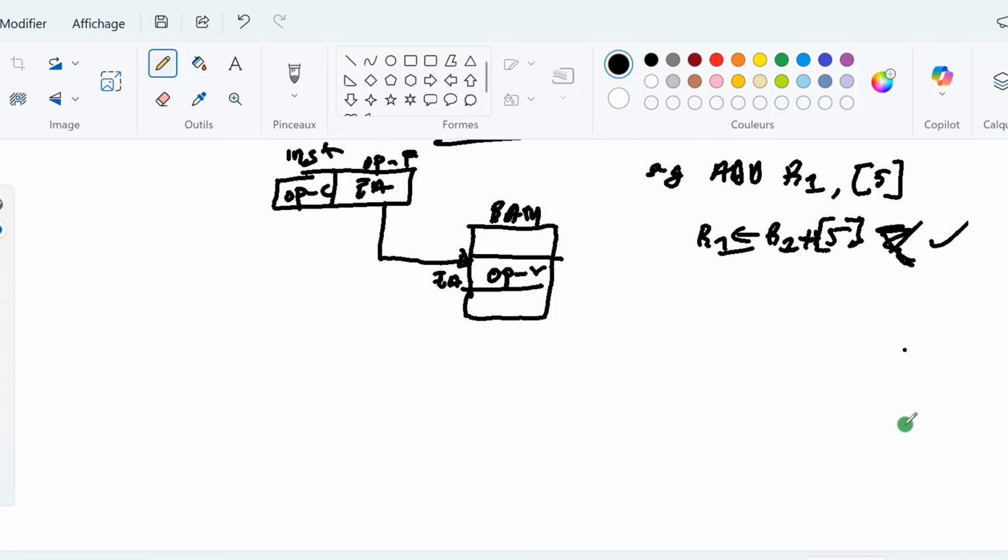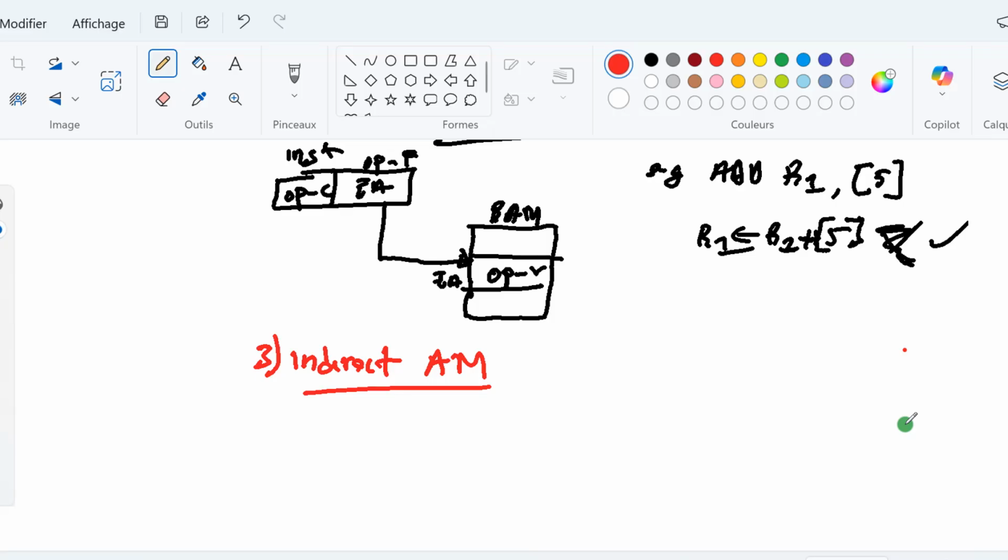So we are done with direct addressing mode. Number 3 here is what we call indirect addressing mode. So how does indirect addressing mode work? It's very easy.